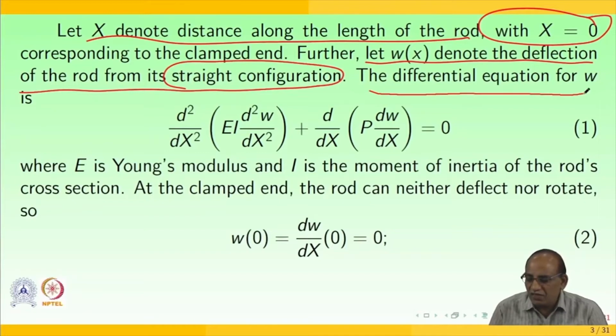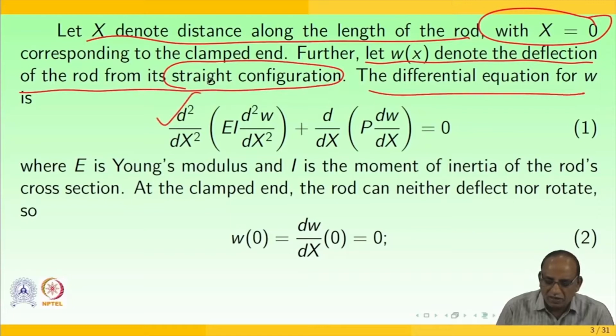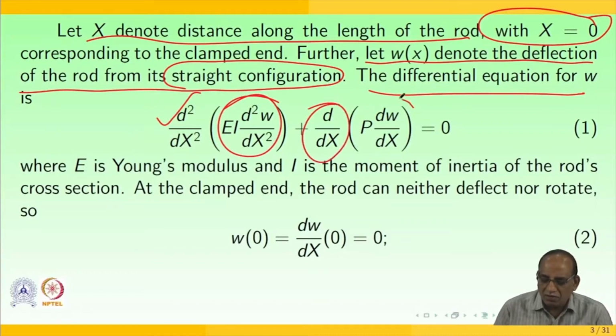The differential equation for W is d square by dX square of EI times d square W by dX square, plus d by dX of P times dW by dX, is equal to 0.